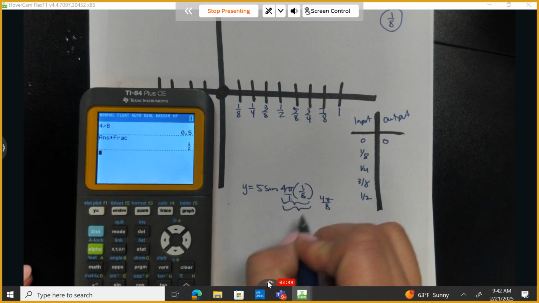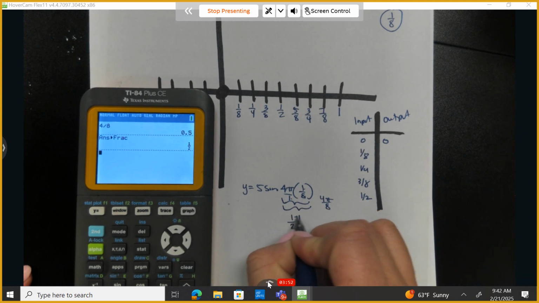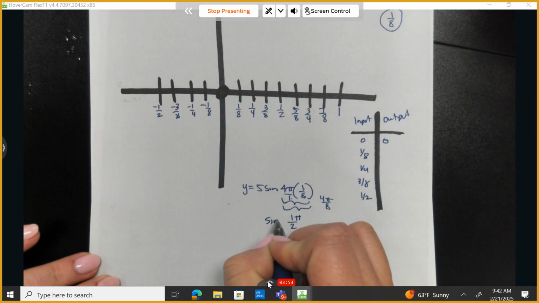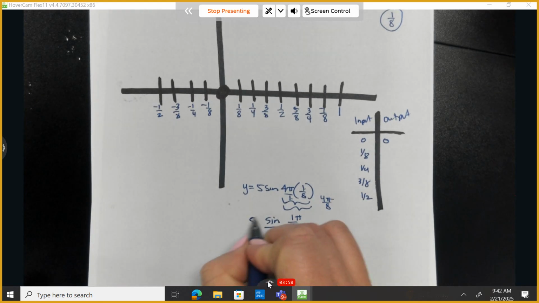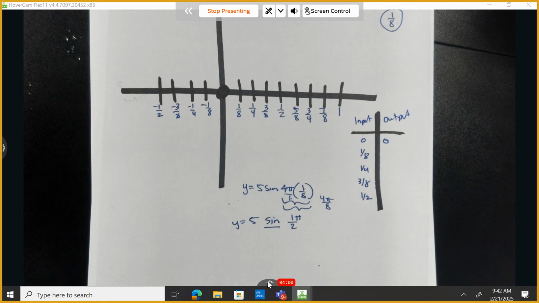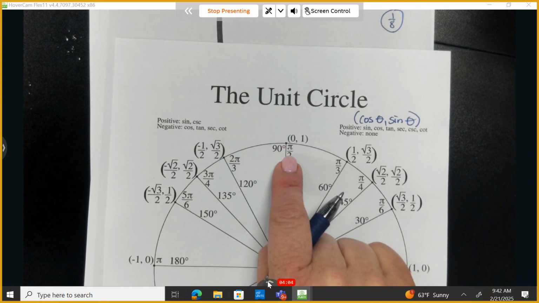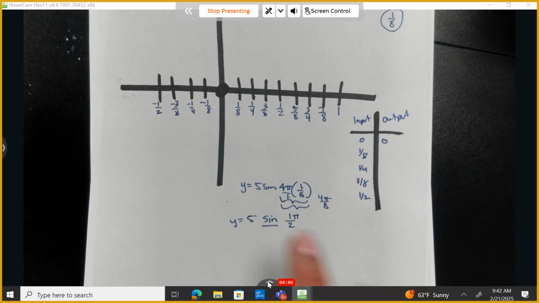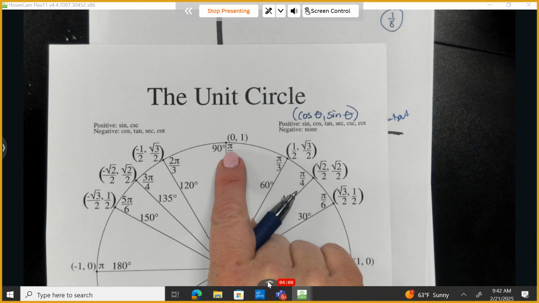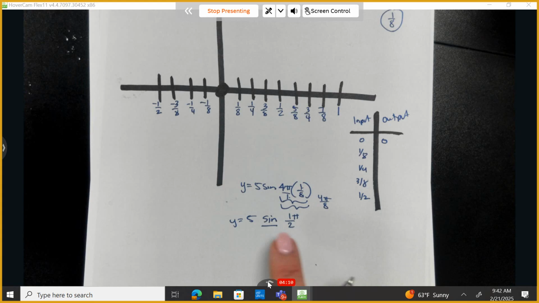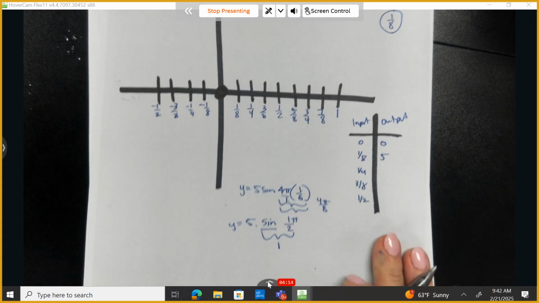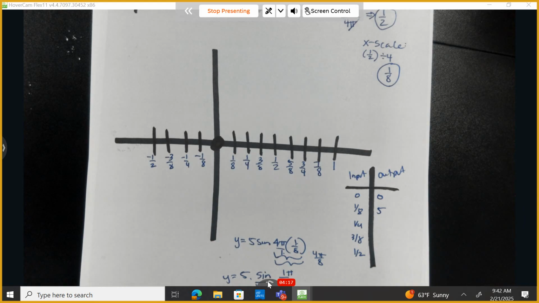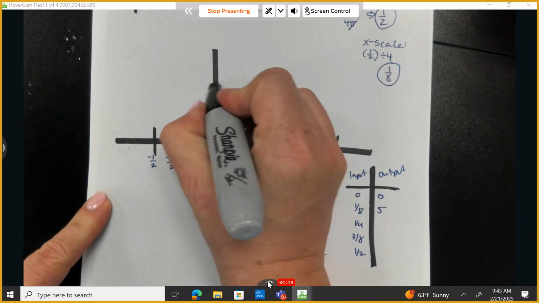That means this portion is 1 pi over 2. So I want to go to 1 pi over 2, and I want to evaluate the sine. That's what this is asking me to do. Let's locate 1 pi over 2. Here's 1 pi over 2. What is the sine? The sine is 1. So this portion is 1. 1 times 5 is 5. So I get to come up to 5. Let's do that. 1, 2, 3, 4, 5.